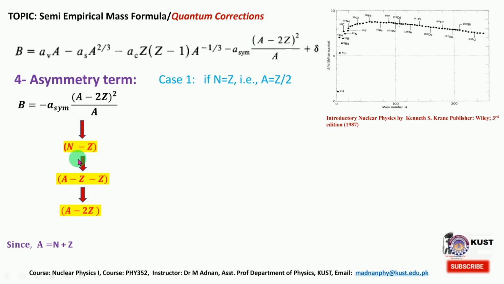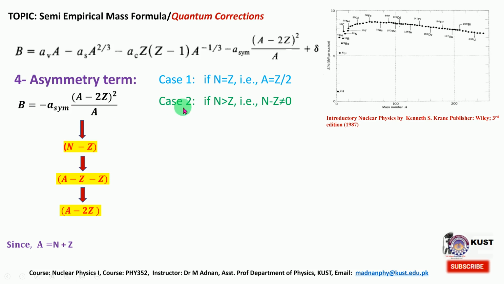Now, as I told you, this is the asymmetry in the neutron proton number. If the neutron and the proton number are equal, such that N is equal to Z, which means A is 2Z, then the system will be symmetric.